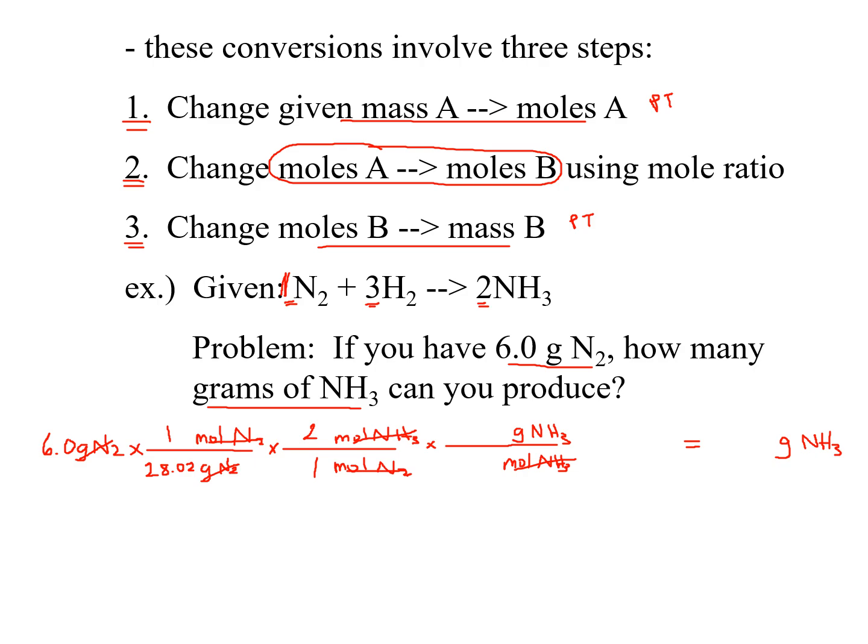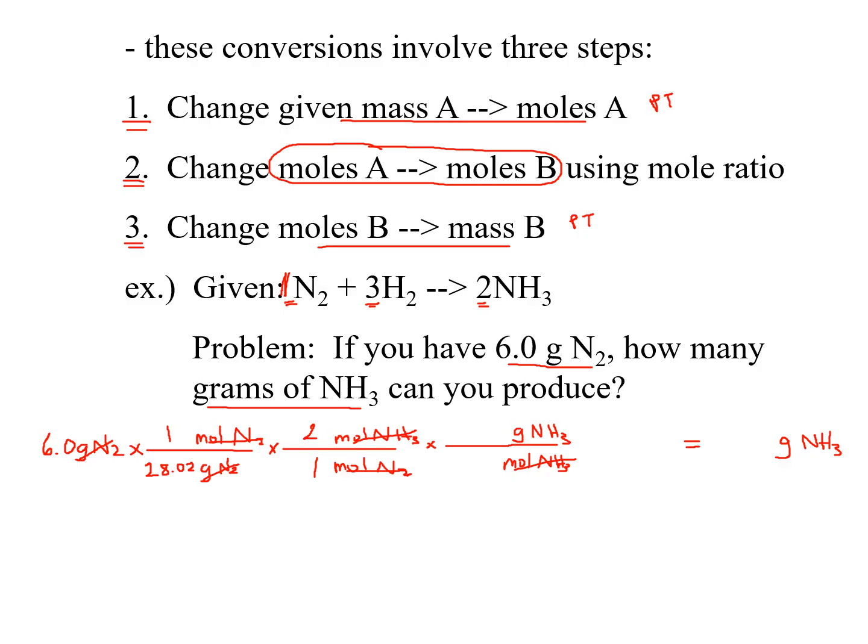And then finally, the last step says grams of NH3 on the top to moles of NH3 on the bottom. So I'm going grams to moles. That's periodic table numbers again. So for NH3, I have to add up N and 3 H's off the periodic table. So again, N weighs what? 14.01. And then H3, well, each H is about 1 gram, so that's about 3 grams.